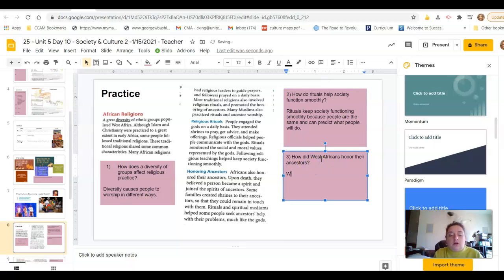West Africans created shrines to keep in contact with their ancestors. We also see this with El Dia de los Muertos, where shrines are set up for ancestors of the family.